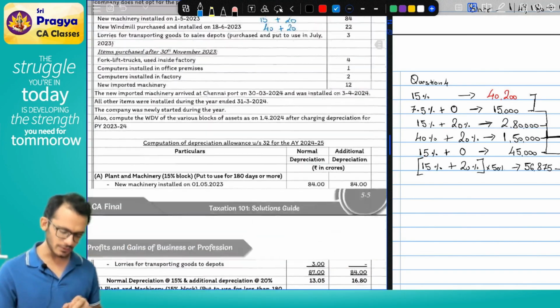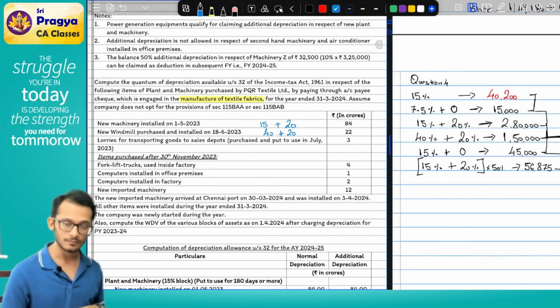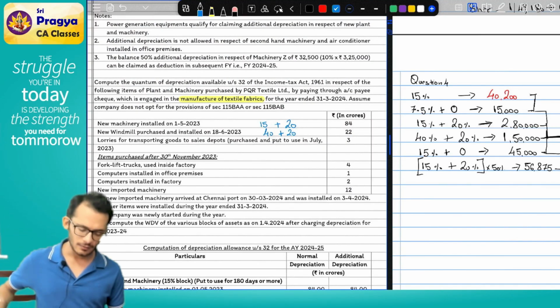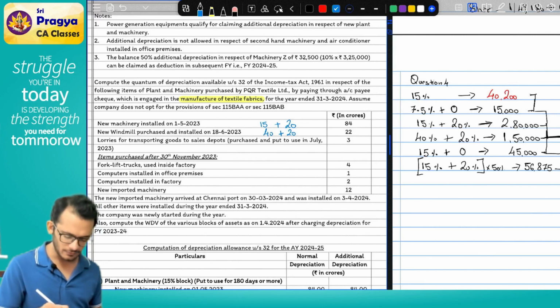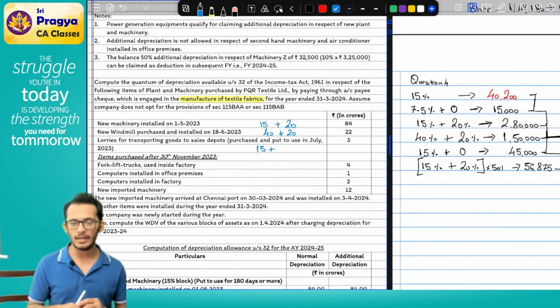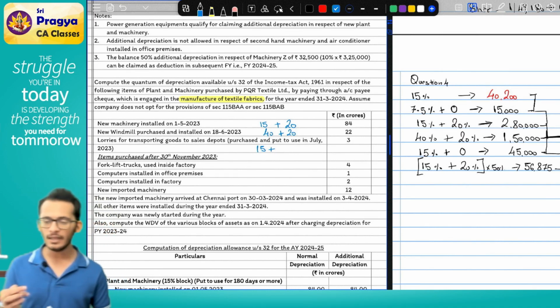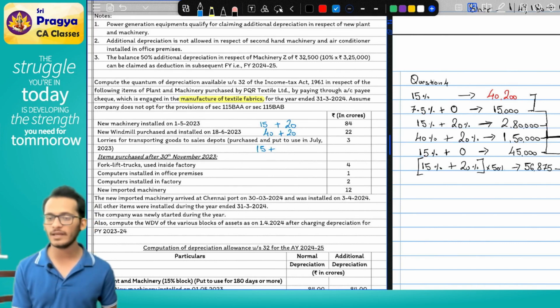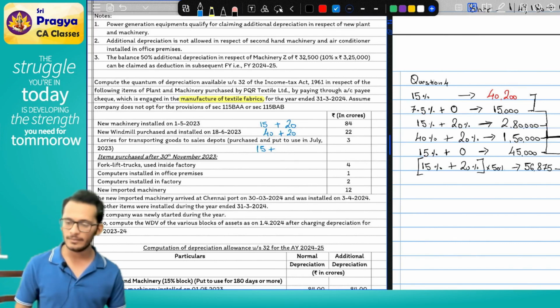Will you use 15 or will you use 30? You will use 15. Why, Rahul, am I using 15? Because understand, this is not a lorry you gave on hire. You should be in the business of giving it on hire, then it becomes 30. You are having lorries which help you transport, you are not giving them for hire, therefore it is 15.